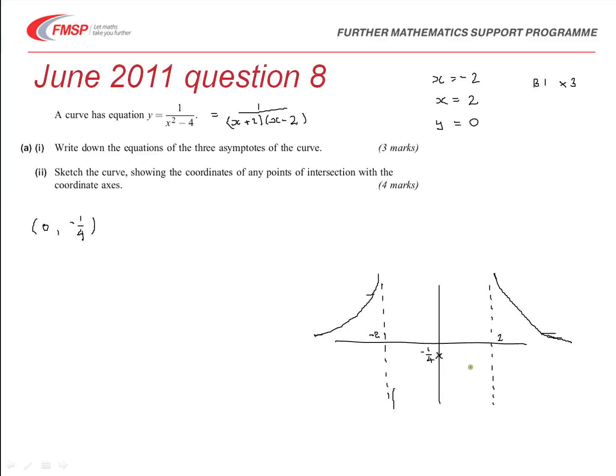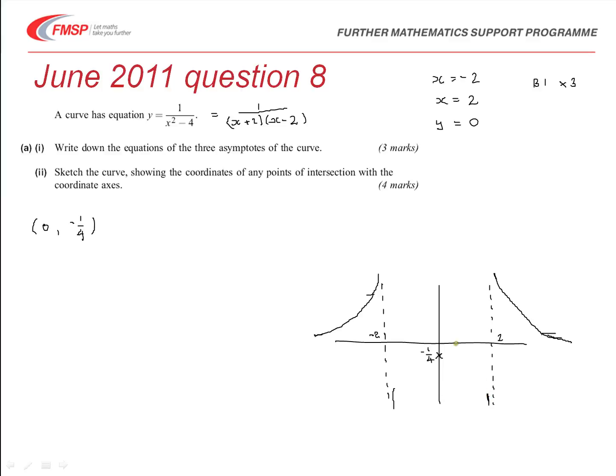So the chances are it's going to come back down and come up from this side of the x equals 2 asymptote, and we can see if we put a number slightly smaller than 2 in, like 1.9, when it's squared it's slightly smaller than 4, so that is also coming up from the negative side here.